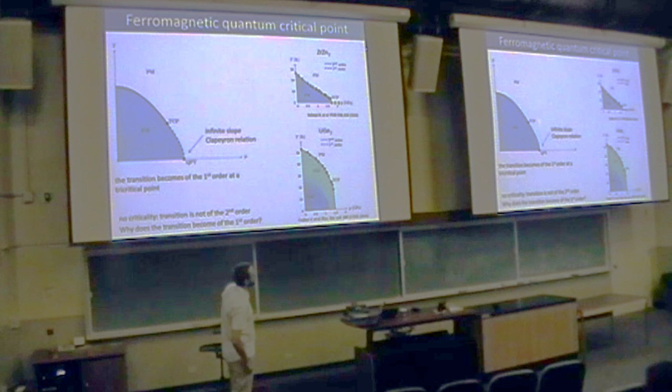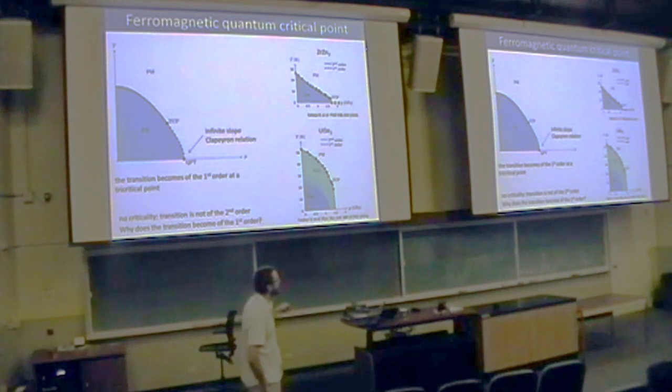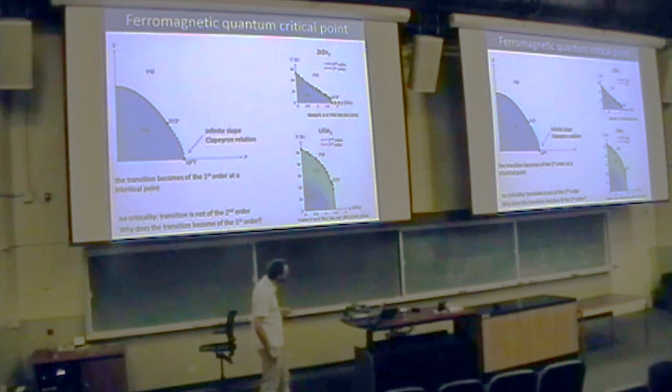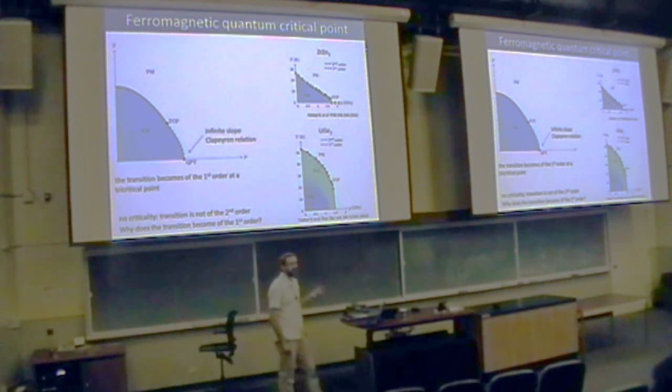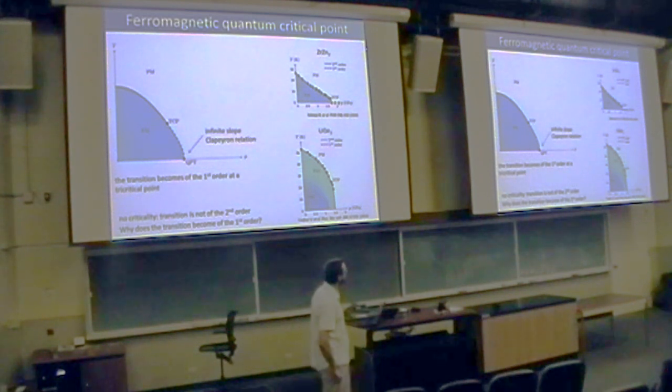And then because the transition is of the first order, near 0 Kelvin, it has an infinite slope. That is explained by the thermodynamic relation called the Clapeyron relation. And so you see that there is no quantum criticality because the transition is no longer of the second order, it is of the first order.